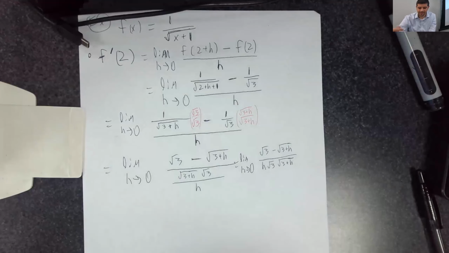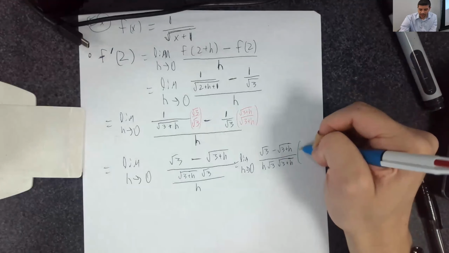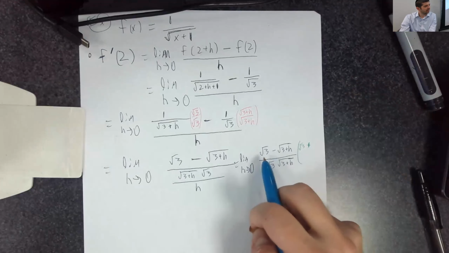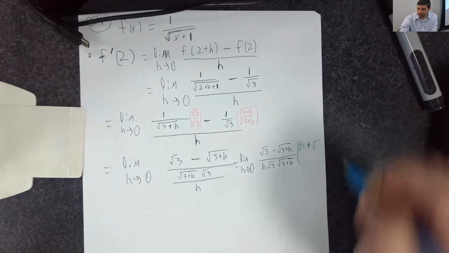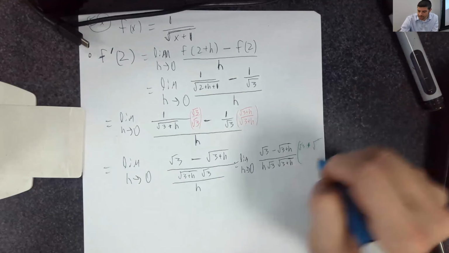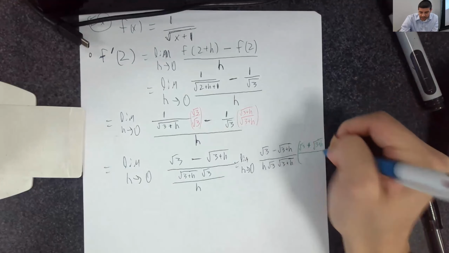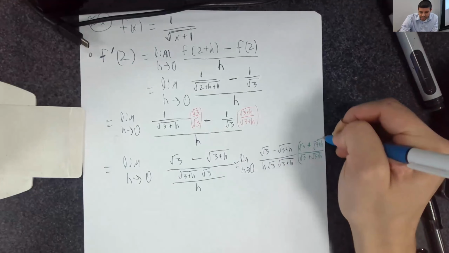Radical 3 plus radical 3 plus h. Right, this is with the radical with the minus, so I'll do it with a plus. Radical 3 plus radical 3 plus h, and then radical 3 plus radical 3 plus h on the bottom.